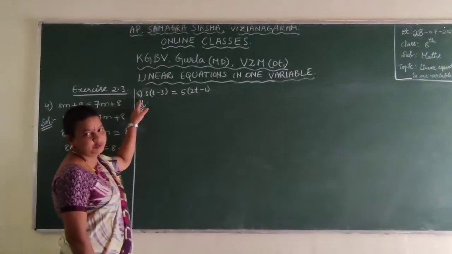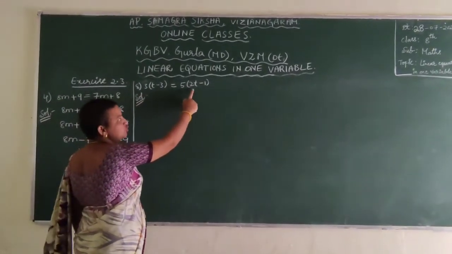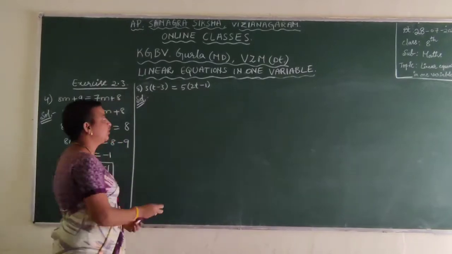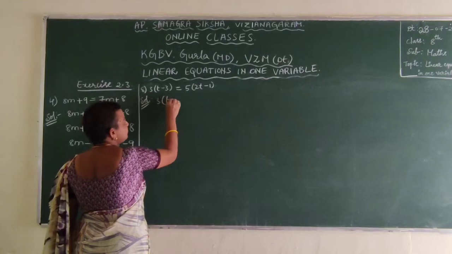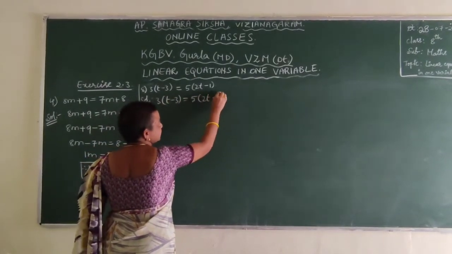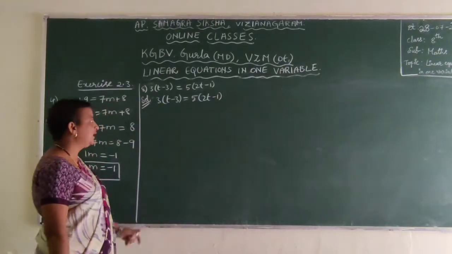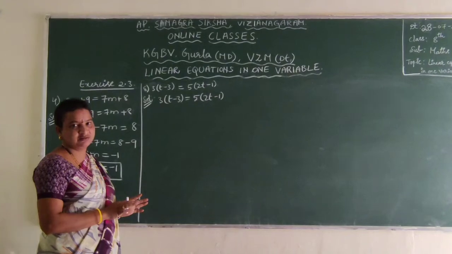Okay, next, the 8th problem. 3 into t minus 3 is equals to 5 into 2t minus 1. Okay, now again we have to write the problem. 3 into t minus 3 is equals to 5 into 2t minus 1. In this problem first we have to remove the brackets.